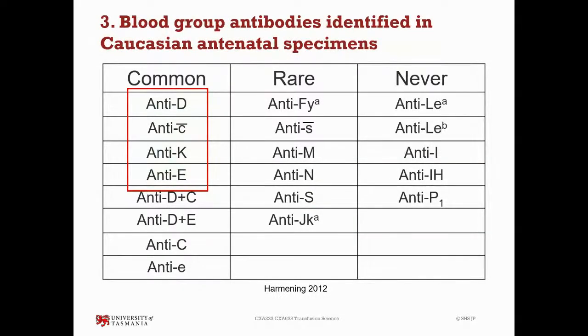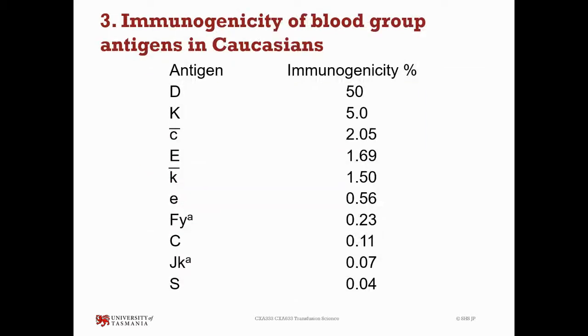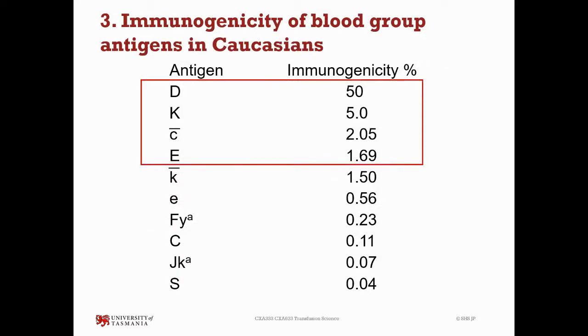You can see that anti-little c is second, and anti-kel is third, and that could be something to do with the prevalence of K positive, big kel positive individuals. So these are the four most immunogenic antigens, and they are the four that are most commonly implicated in non-ABO hemolytic disease of the fetus and newborn.